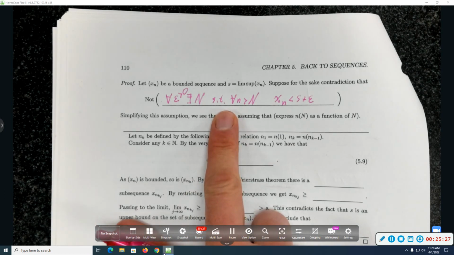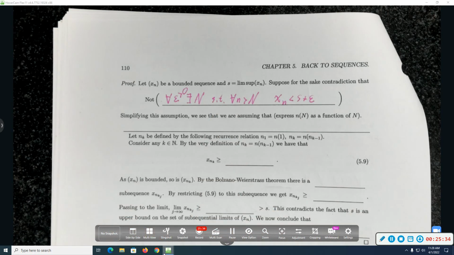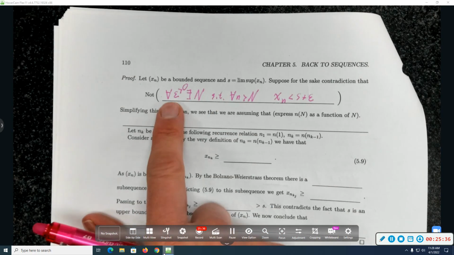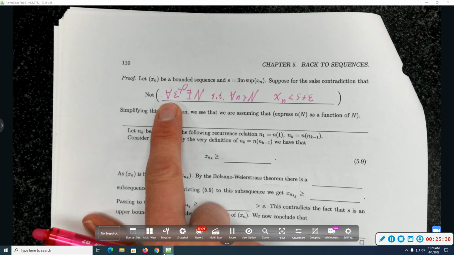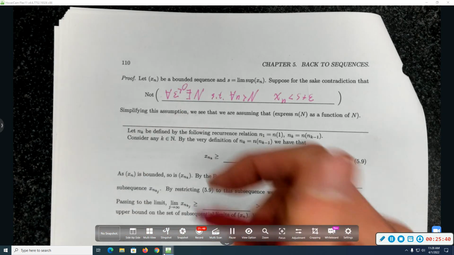All right, so there's the thing that I am assuming for the sake of contradiction. Does that look like something that you know how to negate like the back of your hand? Let's negate it. Universal will become there exists.